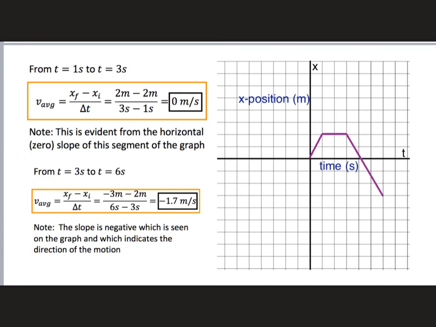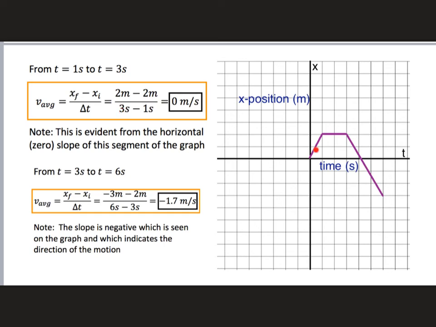Here we can look at the other two segments, the flat segments. And so what's the initial position? If we go over here, we can see it's 1, 2, so that's 2 meters. And it's 2 meters the whole time, and it's certainly 2 meters at the final position. So to get the average velocity, we do the final position, 2 meters, minus the initial position, 2 meters, divided by the change in time.